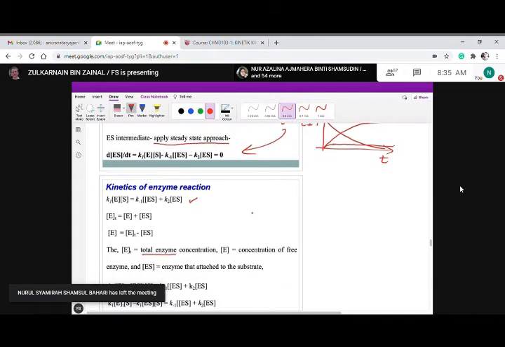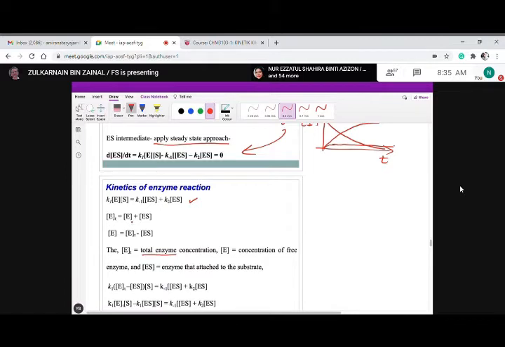So the total concentration of enzyme should be the concentration of enzyme at time t which is not combined with the substrate and the enzyme which is combined with the substrate, right?